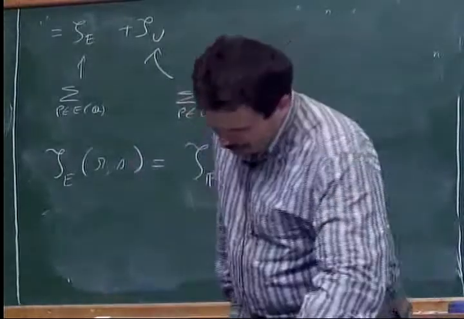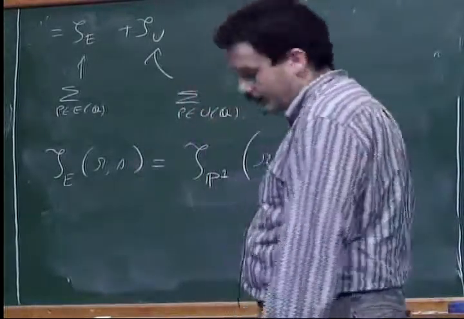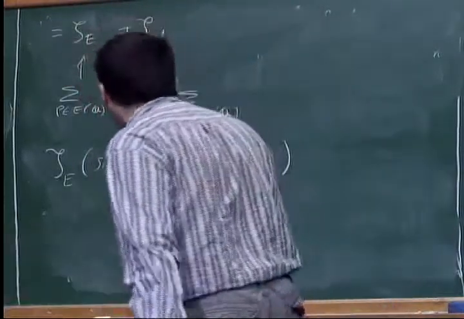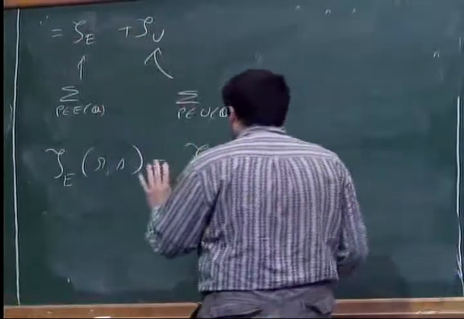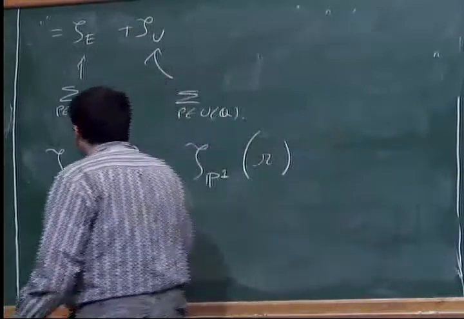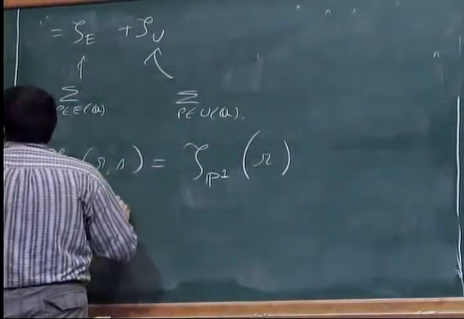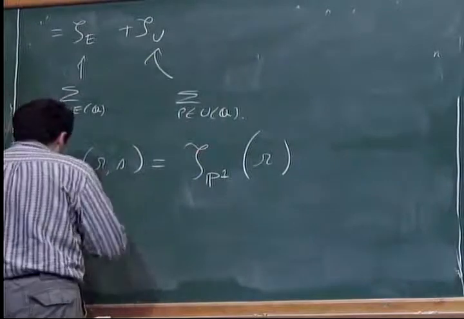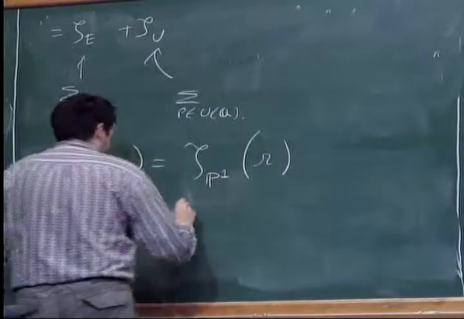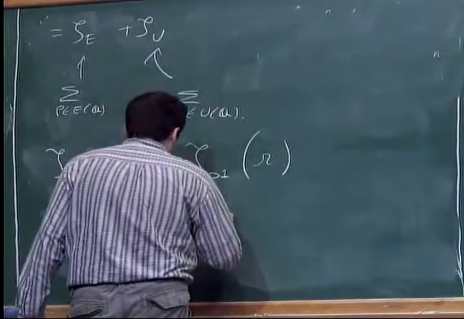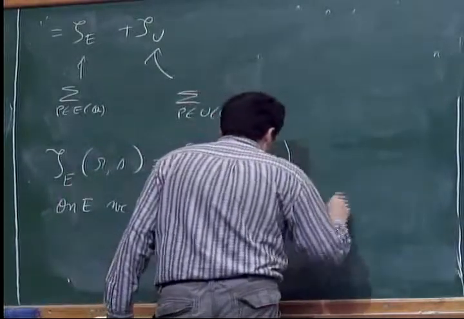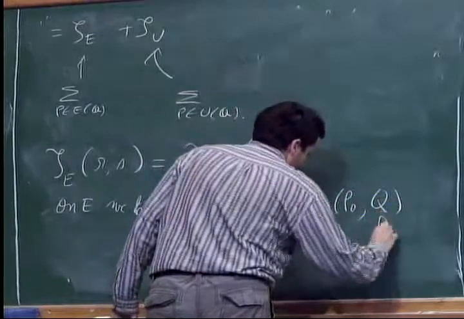On this, I know the behavior, except I'm completely wrong about the terms. So, oh, sorry, I mixed the things. So, I should be more careful. So, on E, okay. Oh, I mixed the things, sorry. On E, we have that the points are P0, Q, where Q is belonging to P1.